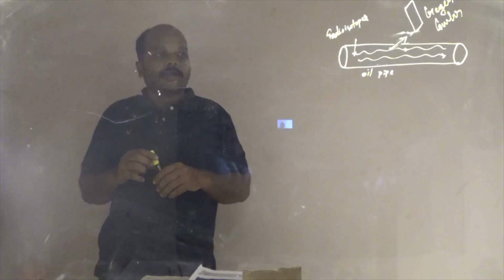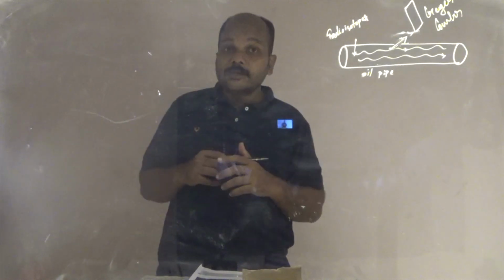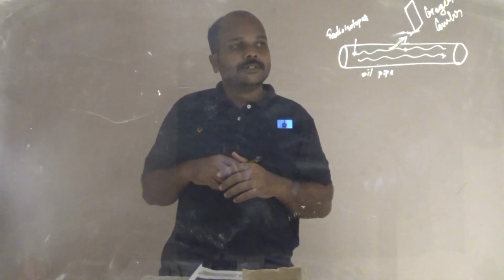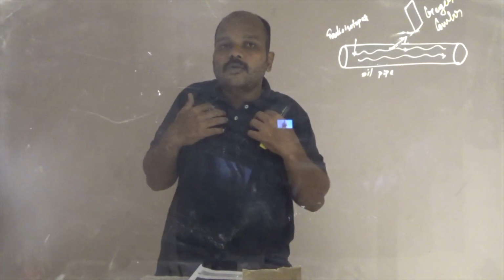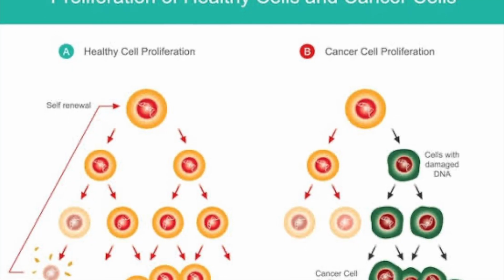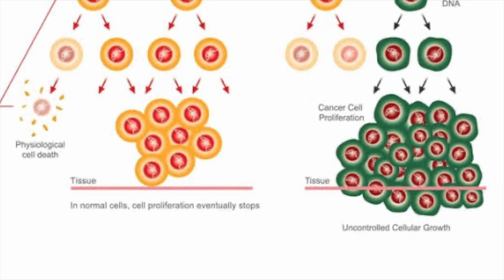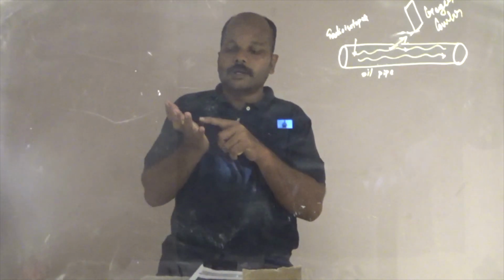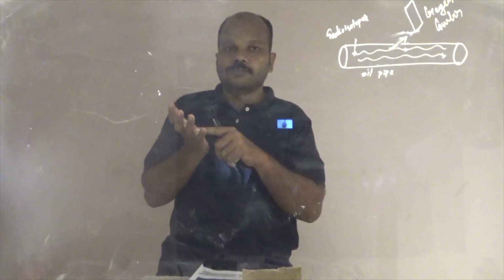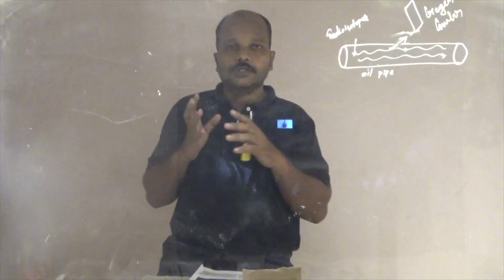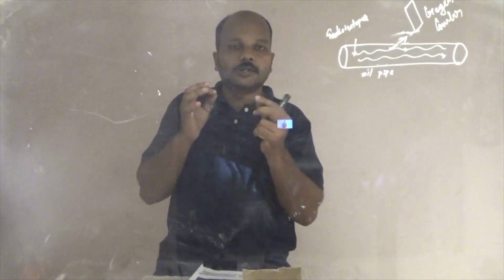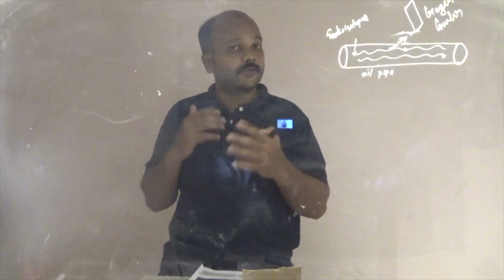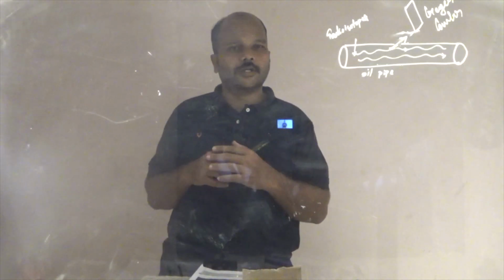Now another important aspect is to treat cancer. Cancer is actually the uncontrolled proliferation of cells. Normally our cells multiply at a particular level, maybe one or two cell divisions per day, usually taking more than a day.